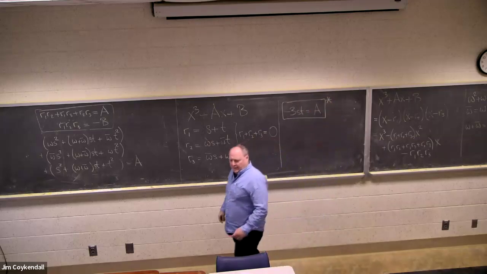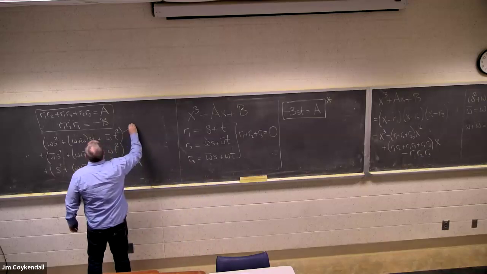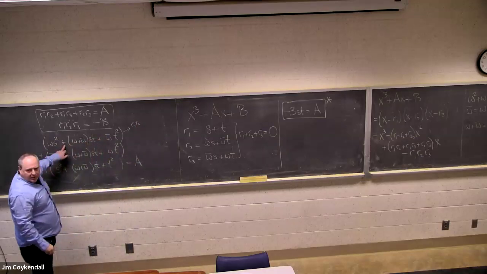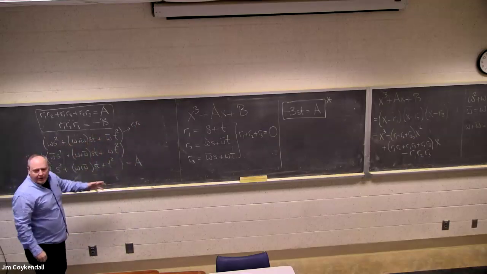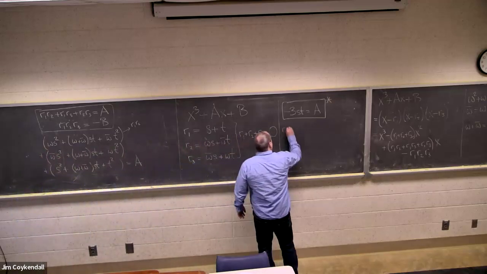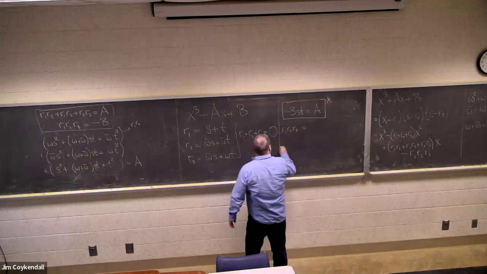Okay, what about the last one, right? Well, I'm almost there because recall this first one is R1, R2. So all I got to do is multiply this top thing by R3, and that'll be that. Let me just write this down.